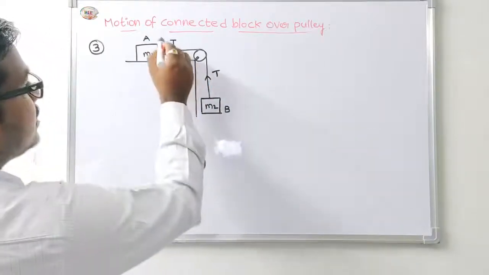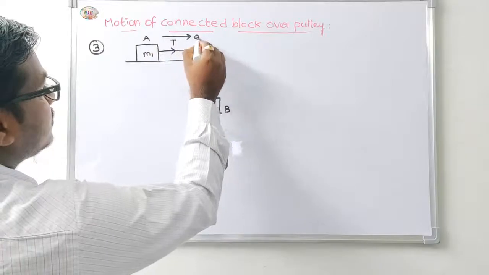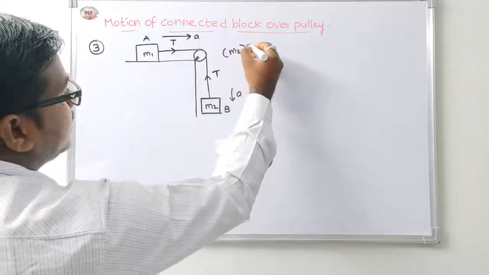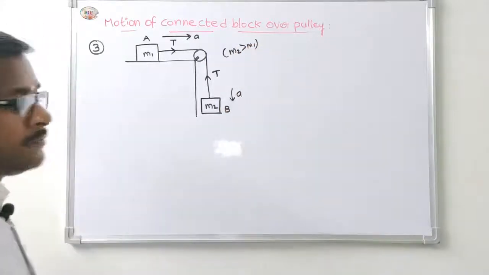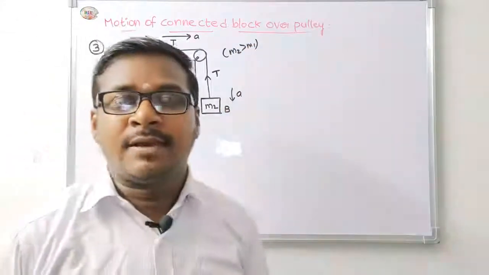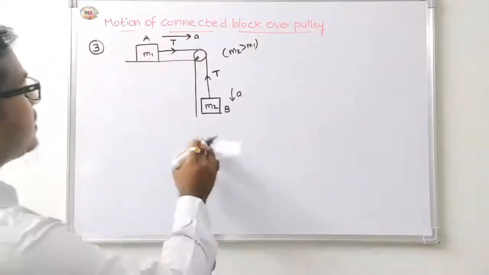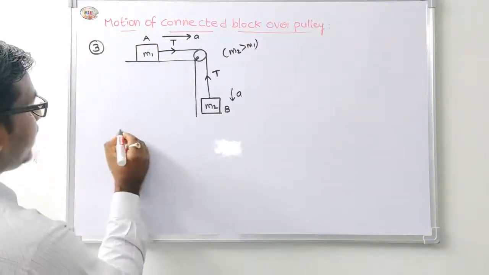The acceleration acts in the forward direction, because m2 is greater than m1, so m2 has more mass compared to m1. First, draw the free body diagram.